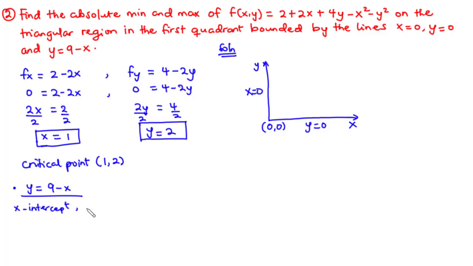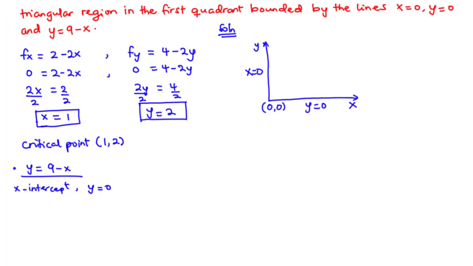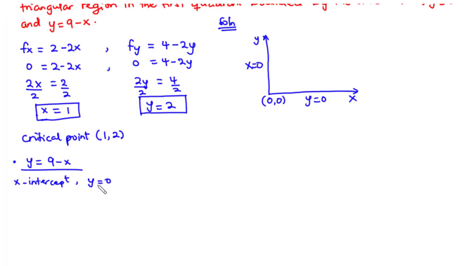At the x-intercept, y is equal to 0. Therefore, we are going to substitute 0 for y in this equation. Therefore, we are going to have 0 equals 9 minus x. And thus we transpose negative x to the left hand side so that we have x equals 9. So the value of x is equal to 9.